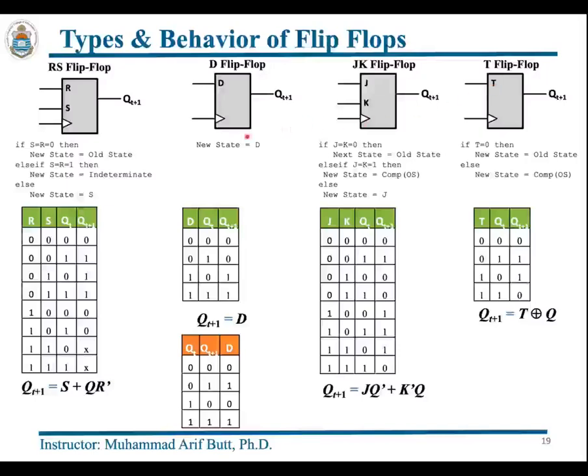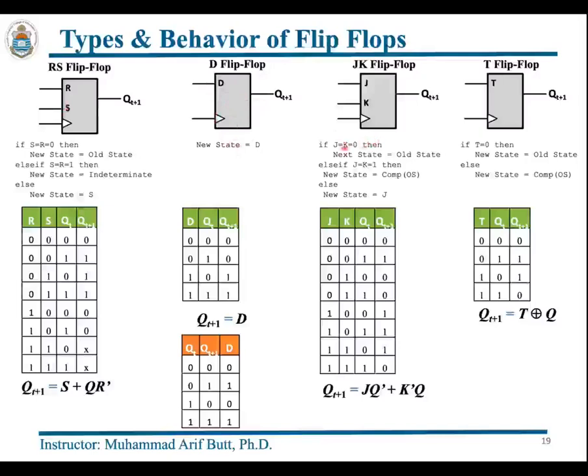These are the behaviors. The behavior of RS flip-flop is: if R and S both are 0, then the new state is equal to the old state. And if S and R both are 1, then its behavior is undetermined. And otherwise, the new state is whatever is there on S. The D flip-flop is very simple. Whatever is there on D is the next state.